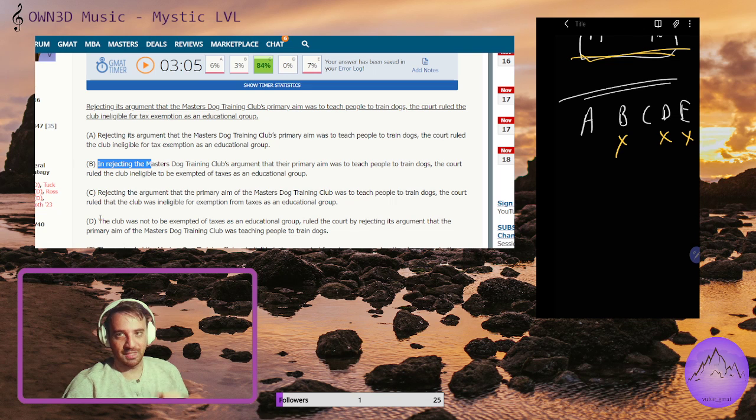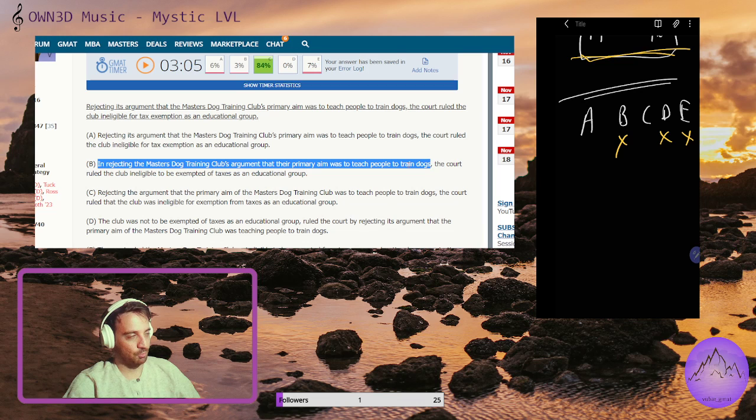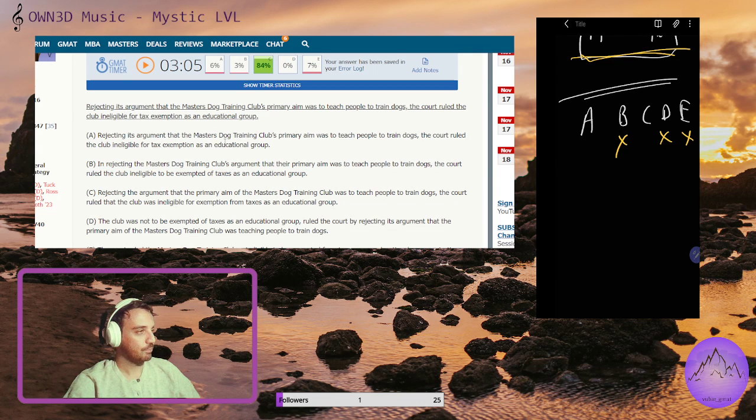So rejecting the argument is just the step that leads to them making the ruling, but it's not the process or the procedure that they use to make the ruling. So "in rejecting it" implies that this is the process for making rulings, when that was just the reasoning behind the ruling. So yeah, that was a long-winded way of saying that's why I ruled out B.